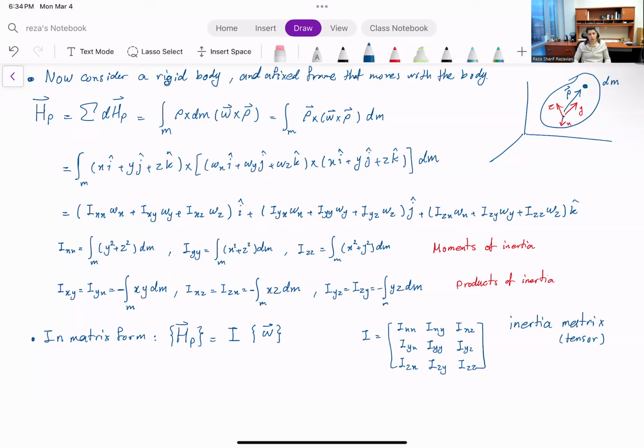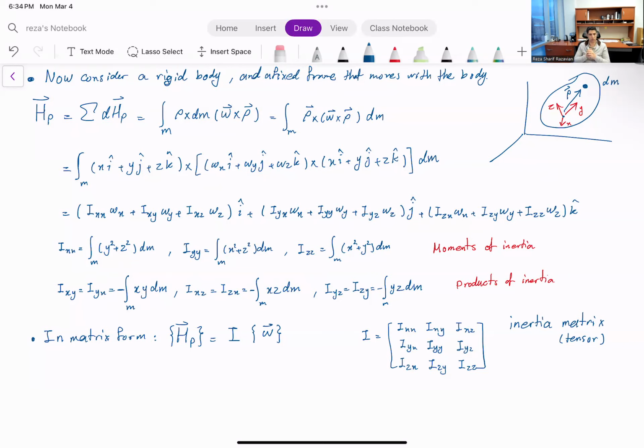Before, when we were talking about moment of inertia, it was usually in a 2D plane. We were looking at planar dynamics, so we always had moment of inertia about a point, or, if we were generous, about an axis. But in general, in 3D movement, the inertia matrix is defined for a certain frame, so for a certain x, y, and z.